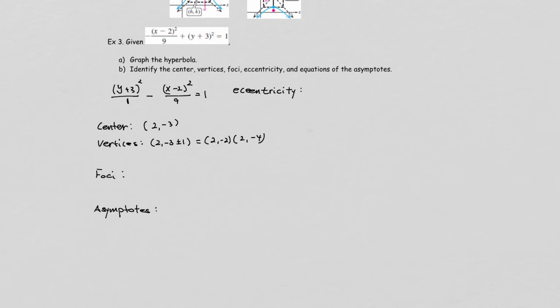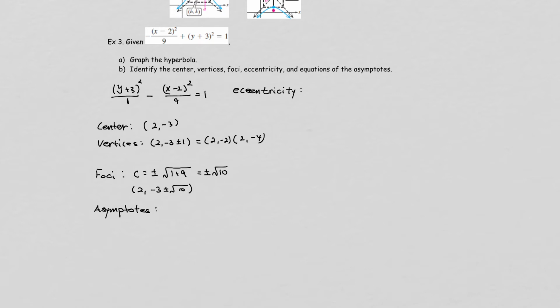And focus point c is plus minus square root of 1 plus 9, which is plus minus square root of 10. This is the value that will be added and subtracted from your center y value. I guess I don't have to write it because I cannot combine square root with negative 3.